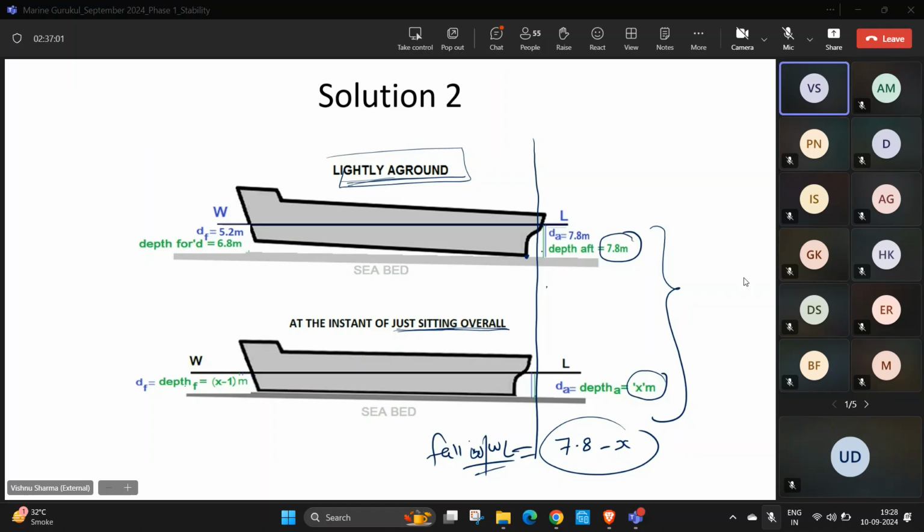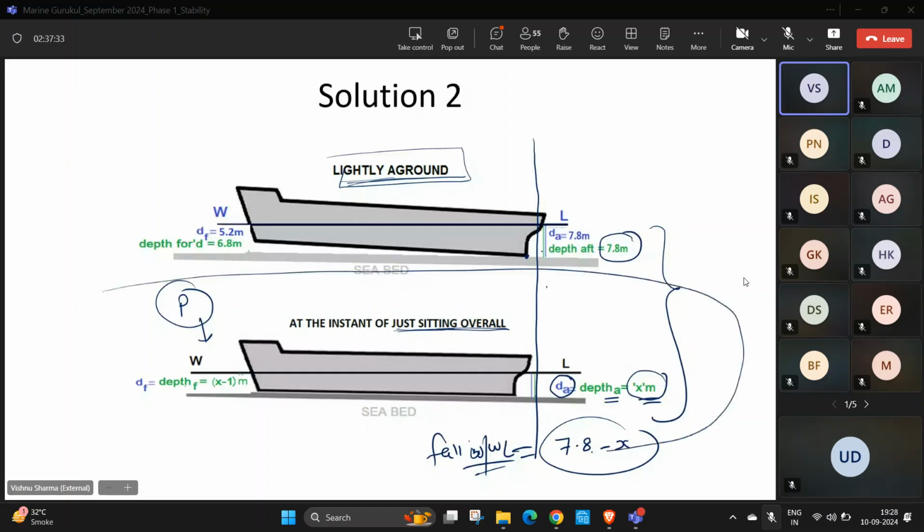Why? Because we know the draft aft at 7.8. So basically, to get the depth aft, I need to get the draft aft when she just sits overall, and that will be my x. Once I get the upthrust, you have already told me that you will be able to get P for part B. Once you get P, look at this lower diagram.